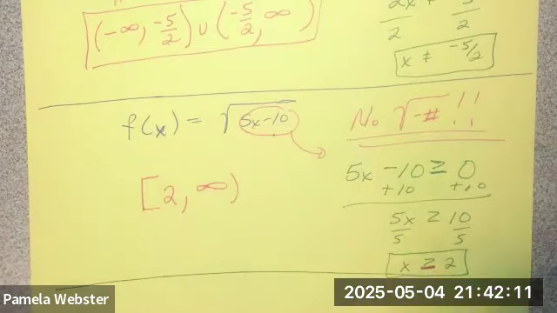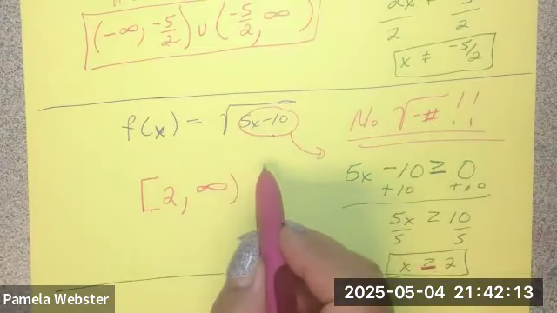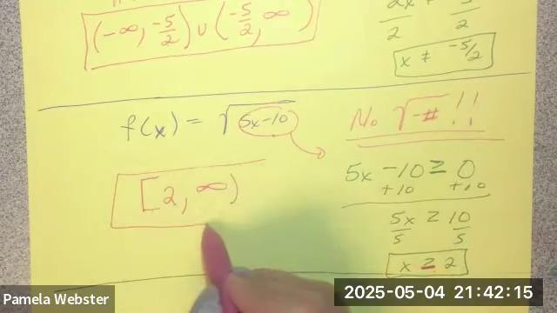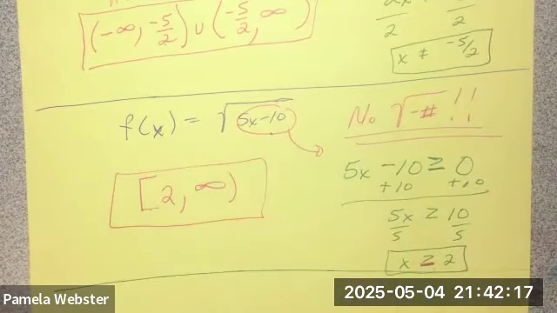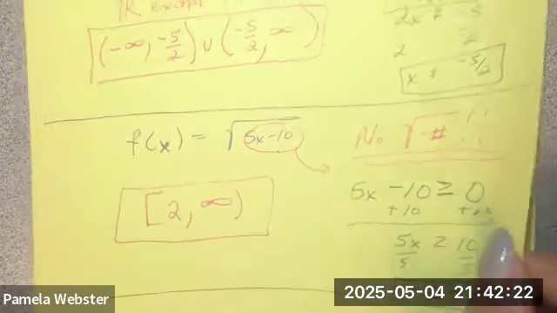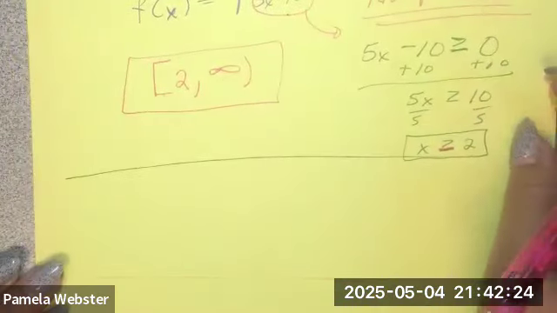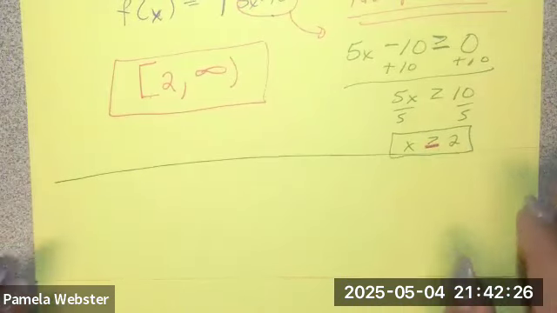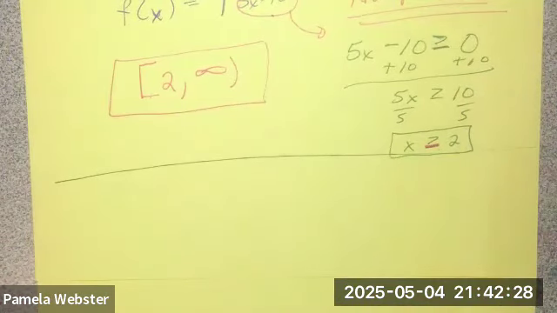Square root of 40, it's not a pretty number, but hey, it is indeed a positive number, so we're okay. All right. Those two things for domain. And I'm going to just pretty much promise you you're going to see one of each on your final exam. So go ahead and make sure that you can do those.